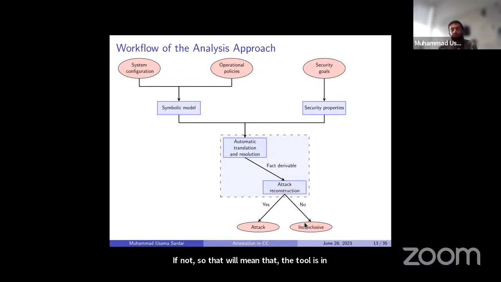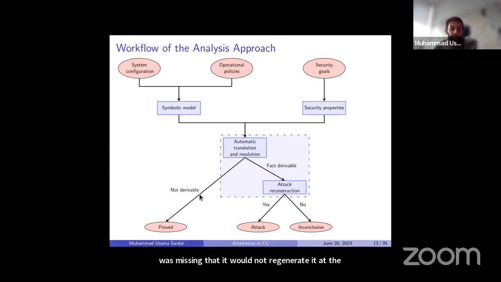We have to look deeply into the attack trace at the Horn clauses level and try to see what exactly was missing that it could not regenerate it at the applied pi calculus level. And in case the fact is not derivable, then the property is proved, which means that this specific model that we have created for the protocol satisfies a specific property.